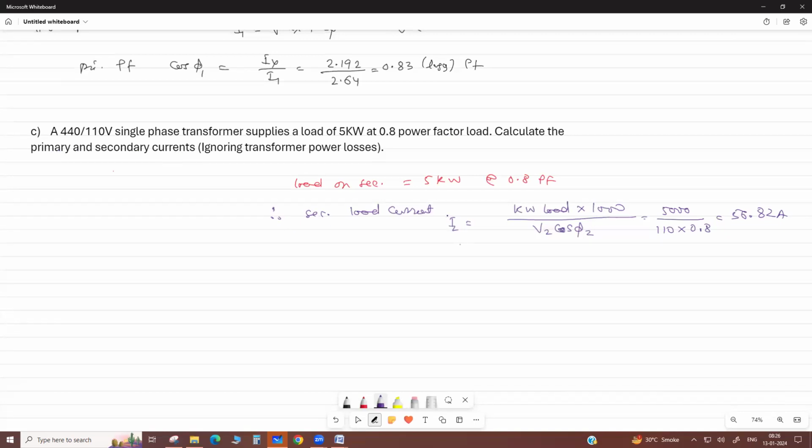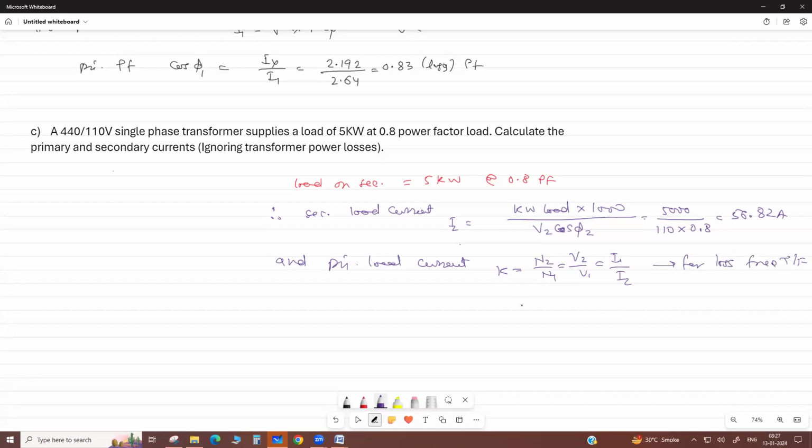So this is the secondary load current now, and for the primary load current, use the turn ratio. K equals N2 by N1, V2 by V1 equals I1 by I2. This is for a loss free transformer.